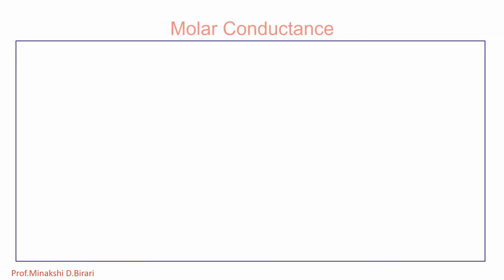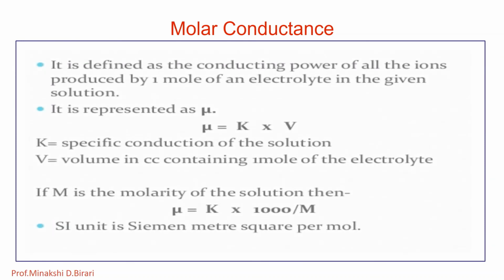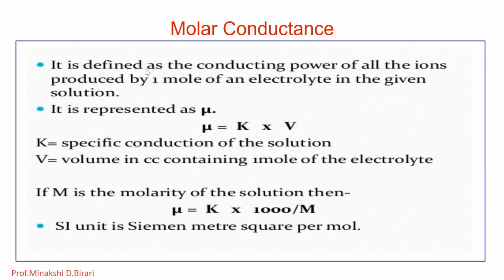Now, molar conductance. Molar conductance is defined as the conducting power of all the ions produced by 1 mole of an electrolyte in the given solution, and it is represented as mu. Therefore, mu is equal to K into V, where K is specific conductance of the solution and V, that is volume in cubic centimeter containing 1 mole of the electrolyte.